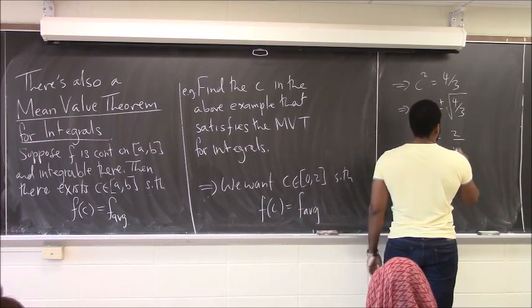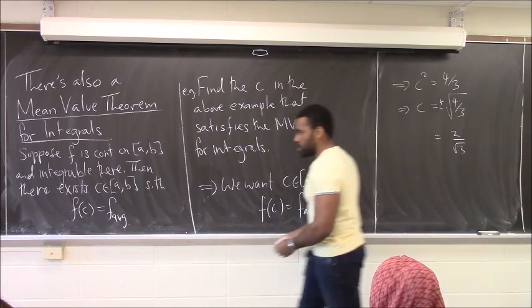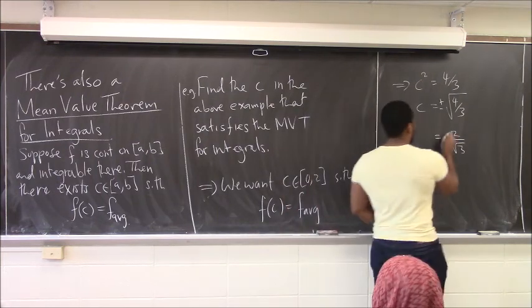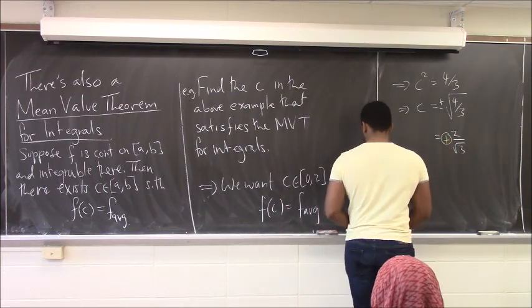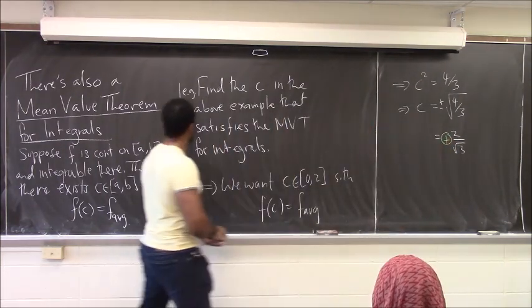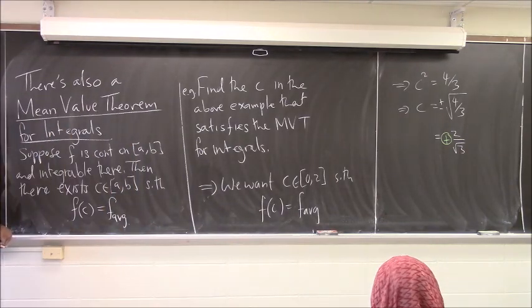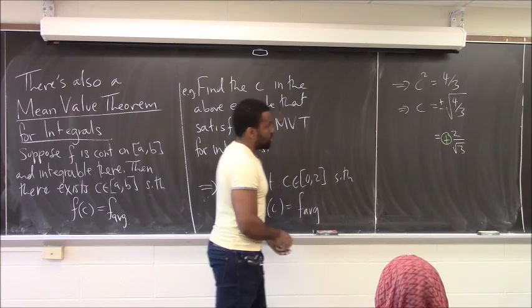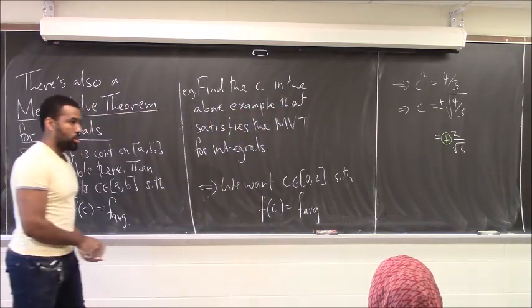So this is 2 over radical 3. And of course, since we want to be in [0, 2], I would take the positive value. So that input will give me the average output.